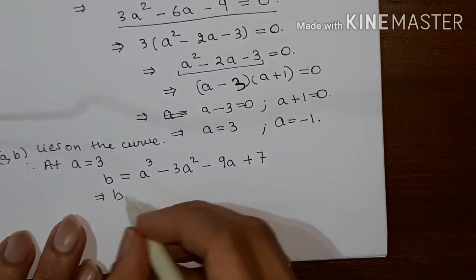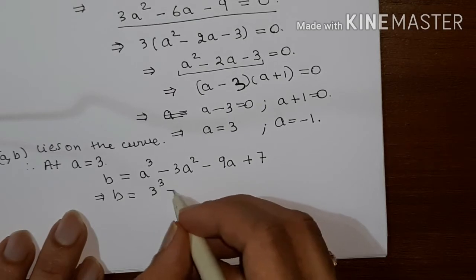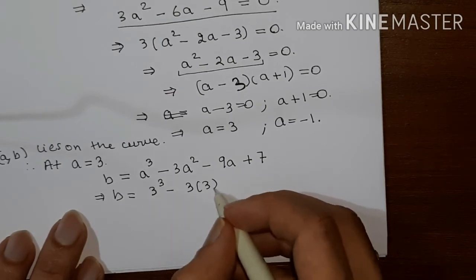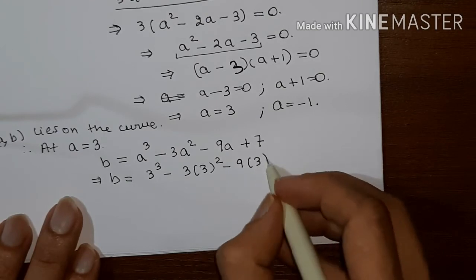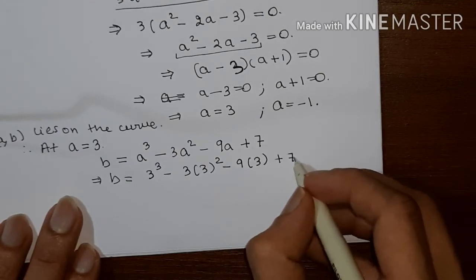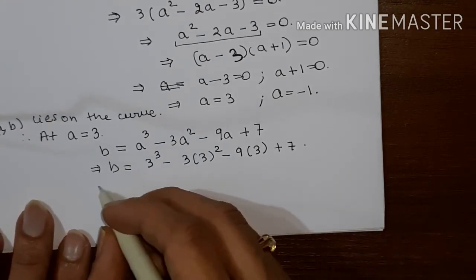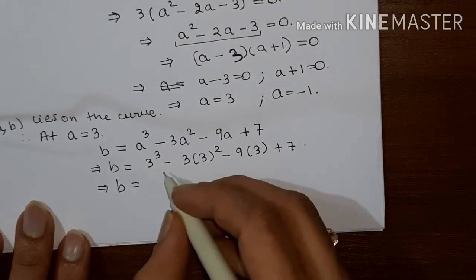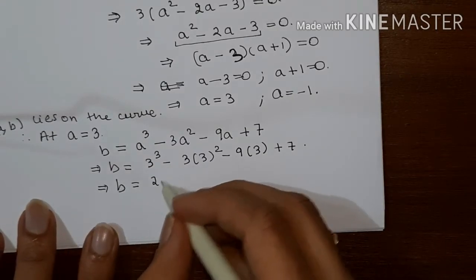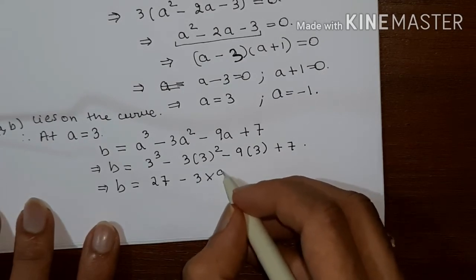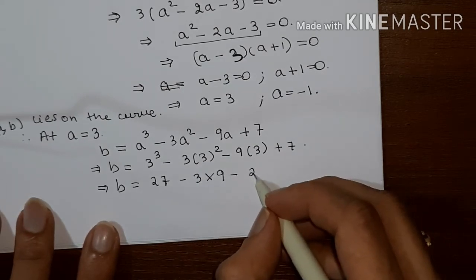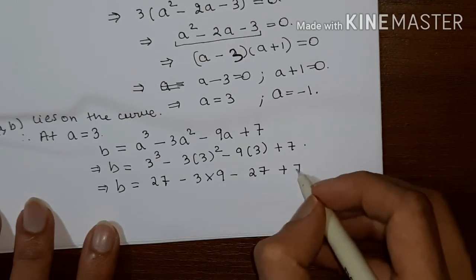So b is equal to what? 3 cube minus 3 multiplied by 3 square, minus 9 multiplied by 3 plus 7. Which is b equal to 27 minus 3 multiplied by 9, that is 27, plus 7.